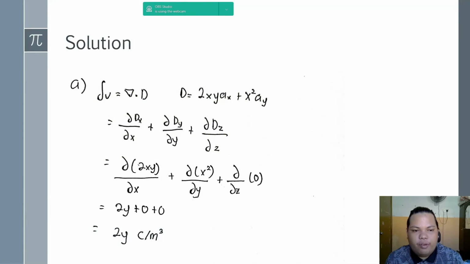Okay, this is the solution for A. So we can get rho v equal to del dot D, which is 2xy ax plus x squared ay. From this we can derive this equation, dDx over dx plus dDy over dy plus dDz over dz. So substitute the values and we will get 2y C per meter cubed.